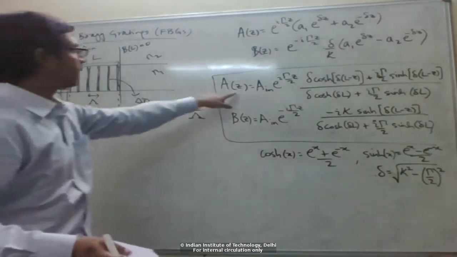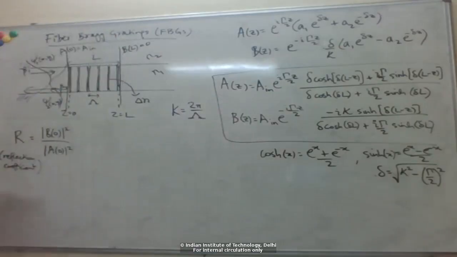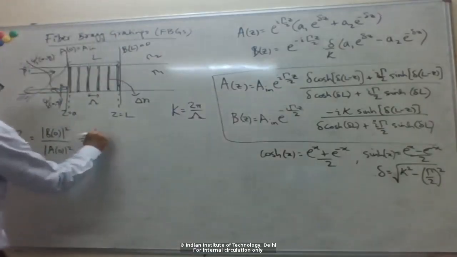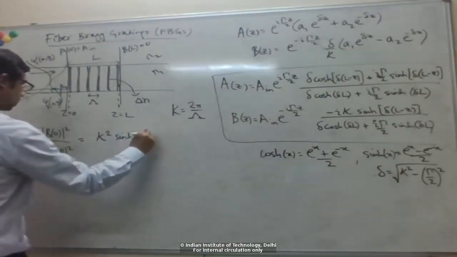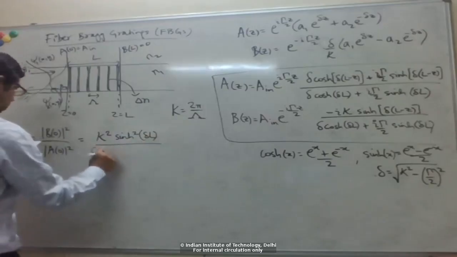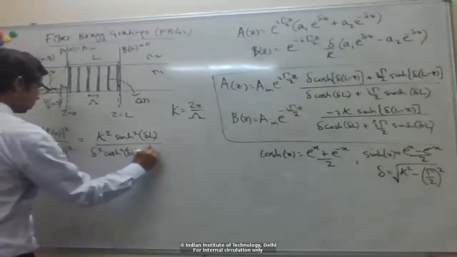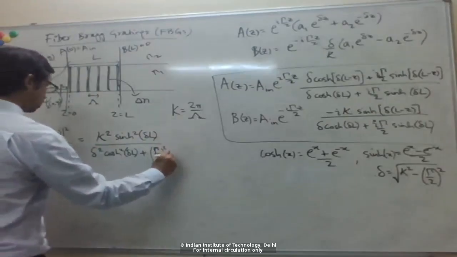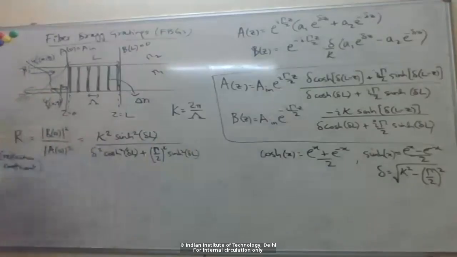We just put z equal to 0 in these expressions and take the mod square of them. So we get that expression for the reflection coefficient.